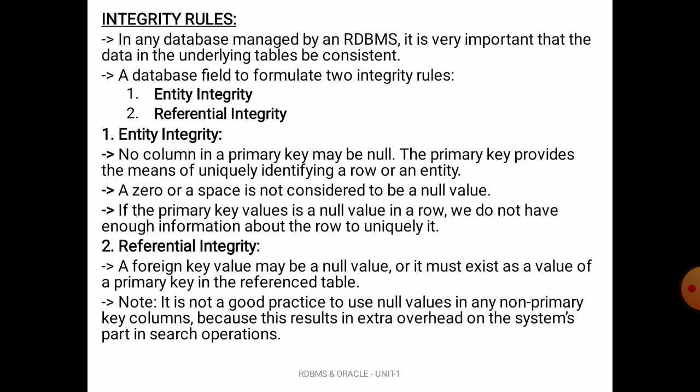A foreign key value may be a null value, or it must exist as a value of a primary key in the referenced table. Note that it is not good practice to use null values in any non-primary key columns, because this results in extra overhead on the system's part in such operations.